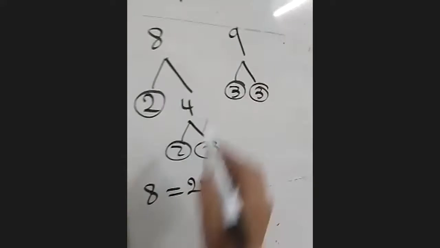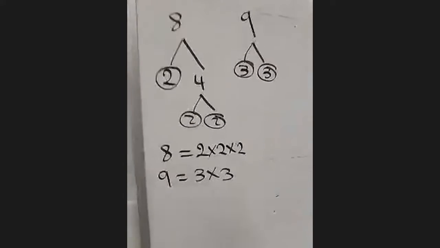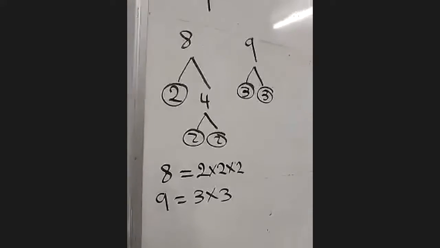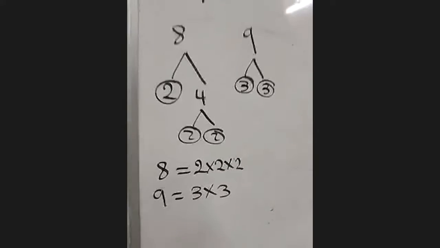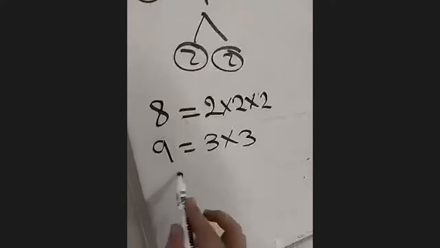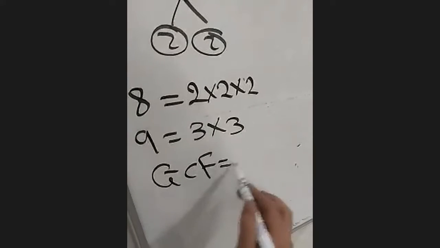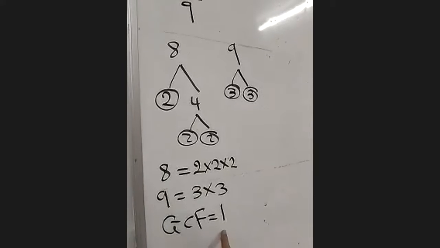Times 2. What's the 9 equal? 3 times 3, right? Focus with me now. Do we have common numbers up and down here? No. In this case, the greatest common factor equals what? 1.